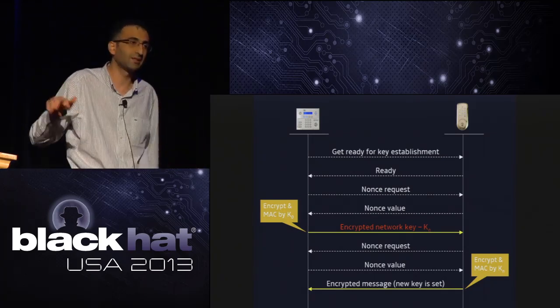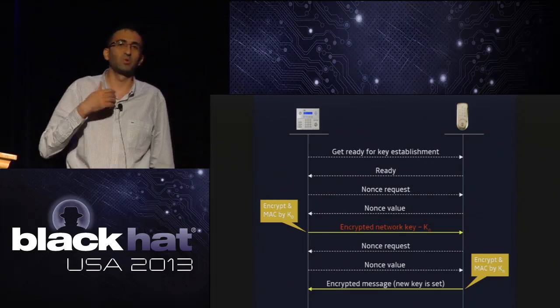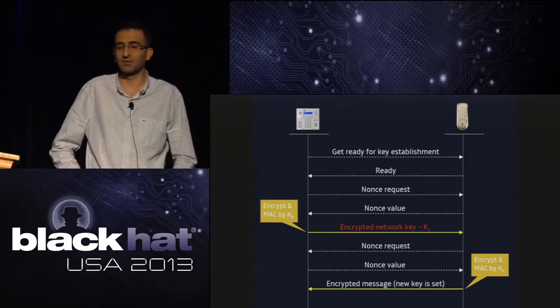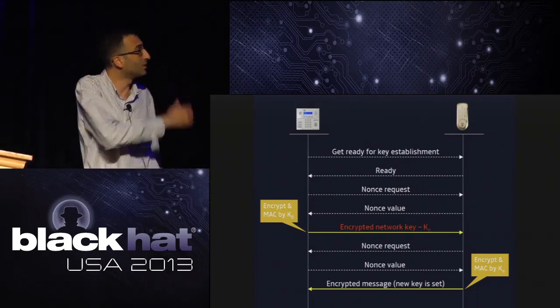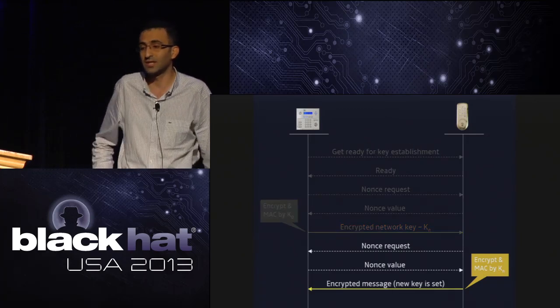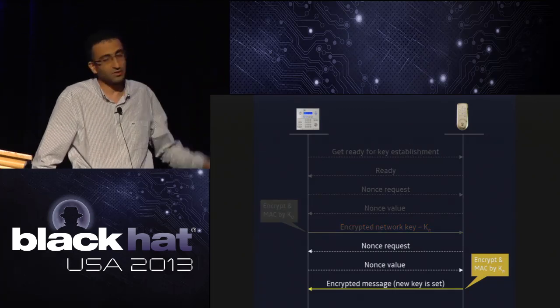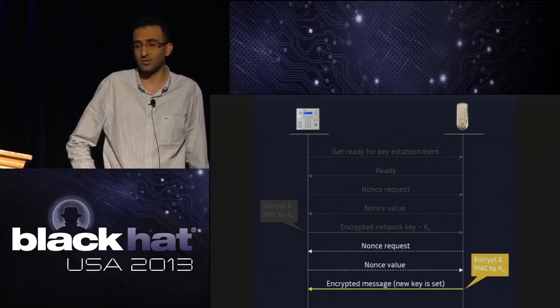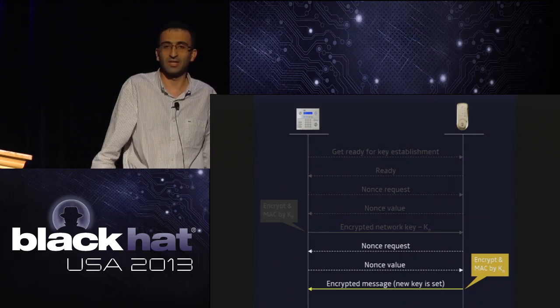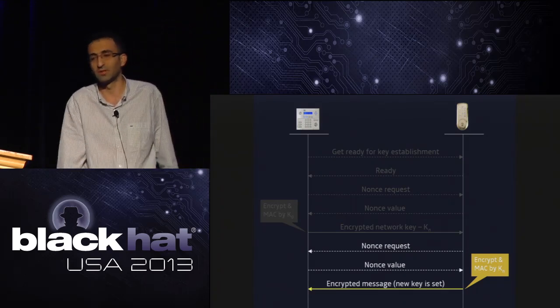So by doing that, the door lock actually proves to the control panel that it knows the key and has the key value. At the end of this protocol run, they both share the key Kn and can use that key to do any future secure communication, like sending back the status of the door lock or getting an unlock message from the control panel.